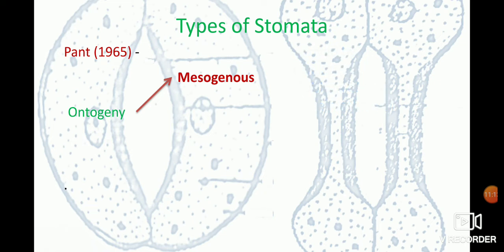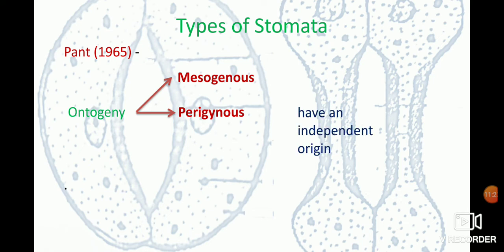The second type of stomata are the perigenous type, in which guard cells and subsidiary cells have an independent origin. That is, the subsidiary cells develop from the cells lying around the mother cell of the guard cells. So here the subsidiary cells and guard cells develop from different mother cells.